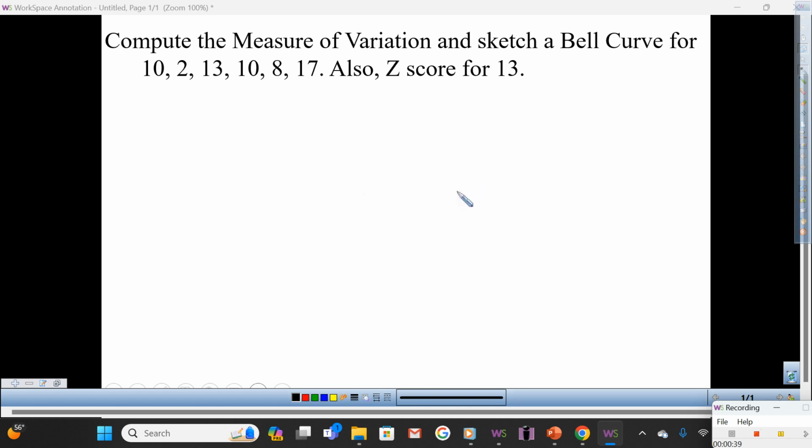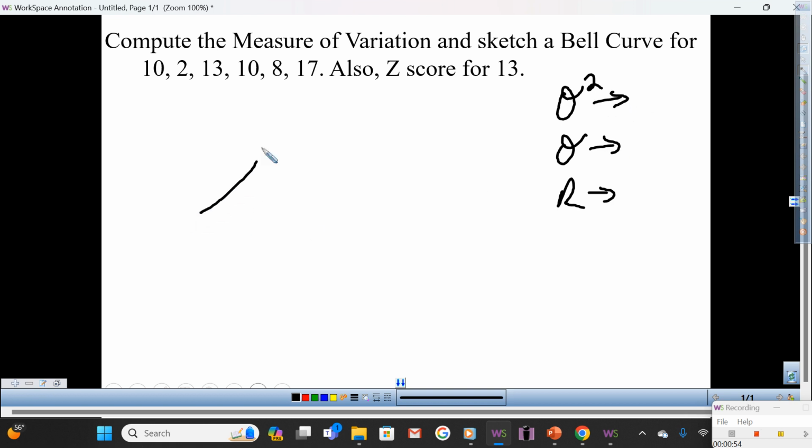All right, good. What are the measures of variation, Briseida? Variance, standard deviation, and range. Okay. So far, so good. All right. So, we need a mean.